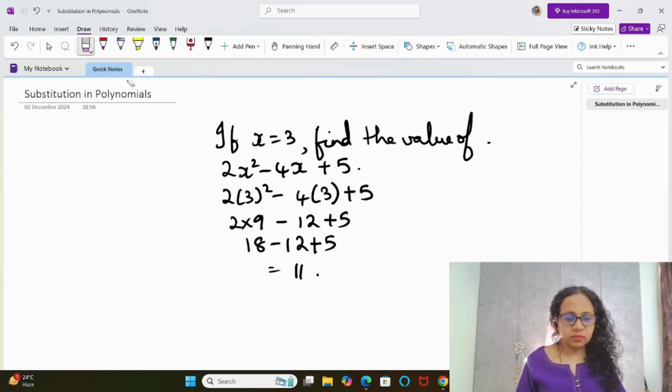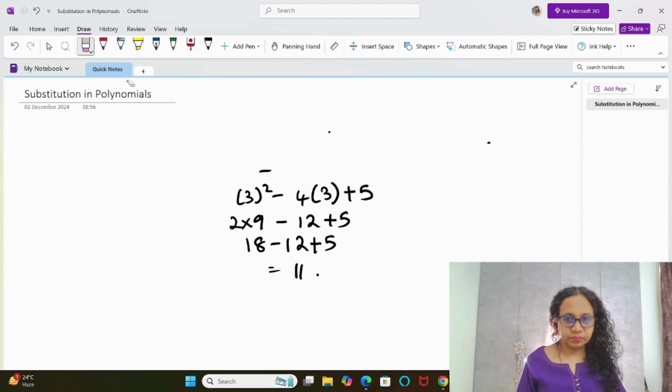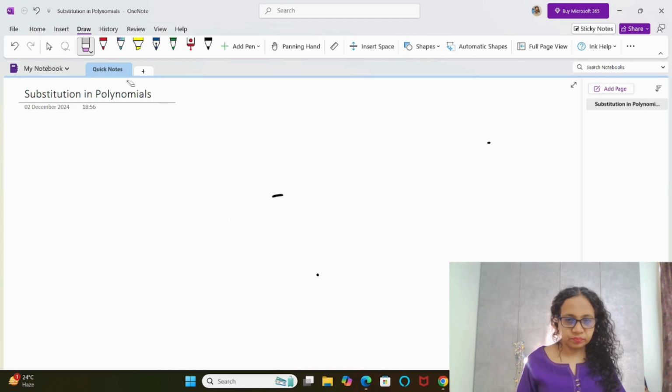Let's look at another example. x is 2, y is minus 2 and z is 3.